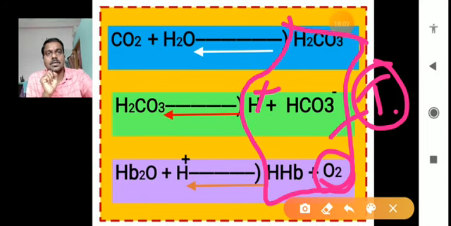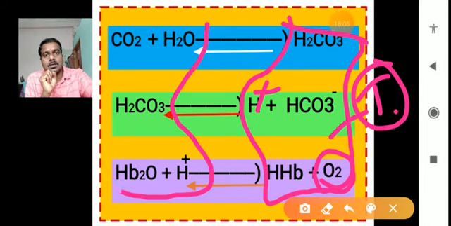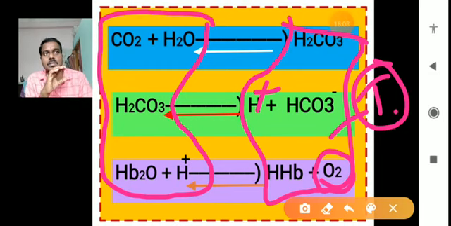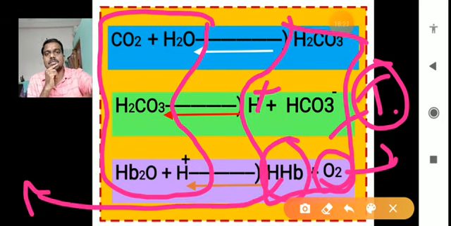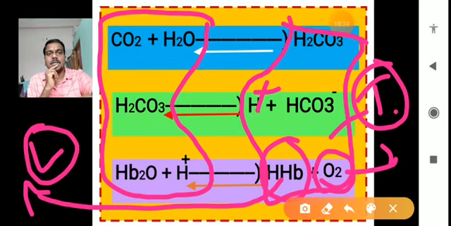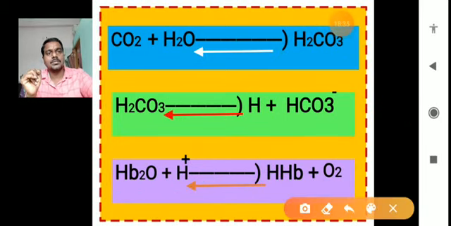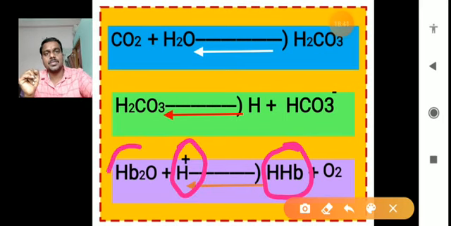This is at the tissue level, but these three are at the lungs level. These three equations are present reversely in the lungs. The HHB is formed in the RBC, the oxygen is released, and the RBC transports to the lungs through the blood. In the lungs, it reversely forms: the HHB reversely forms H and HbO2.